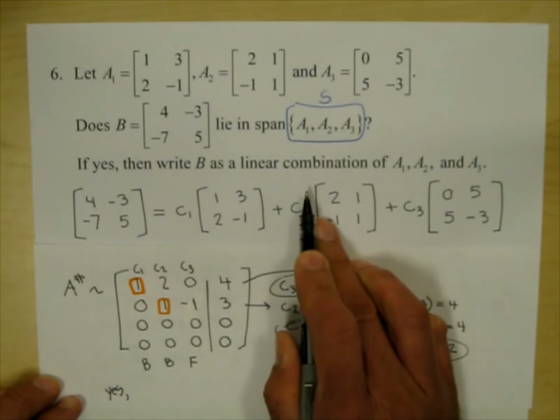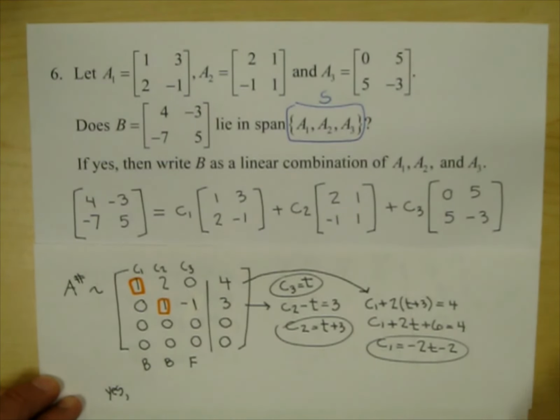If yes, write as a linear combination. Well, how do we do that when there's infinitely many different ones? You just pick one. So you pick a t value. Let t equal whatever you want it to be. I'm going to let it equal 1. So if I let t equal 1, looks like C1 then is what?